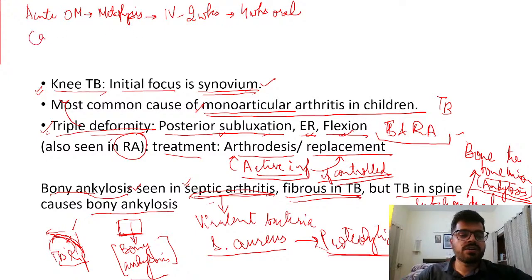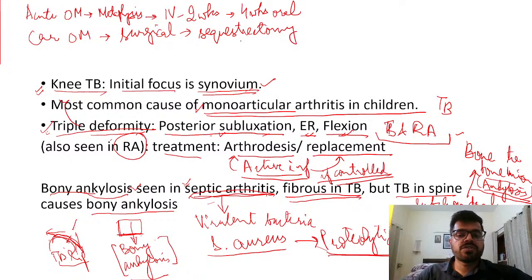Then we had chronic osteomyelitis, in which the treatment is always surgical. It needs sequestrum removal, also known as sequestrectomy. Both these are most commonly caused by Staphylococcus aureus.